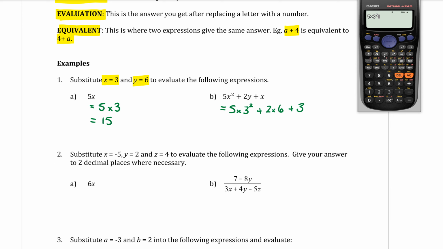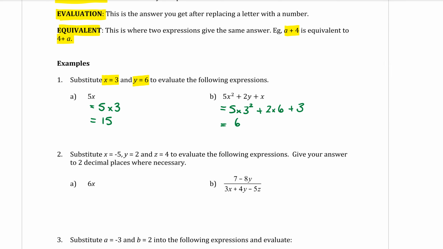Do you know what your squared button is? Yeah. So over here is your squared button. That's times it by itself, not by 2. Then plus 2 times 6. And then plus 3. All right, so it is indeed 60.